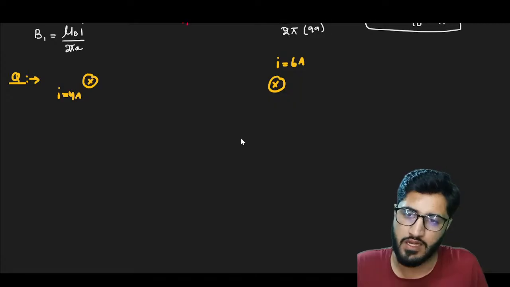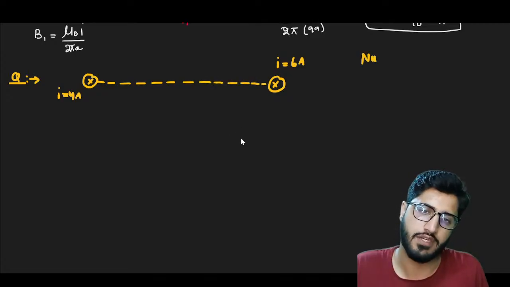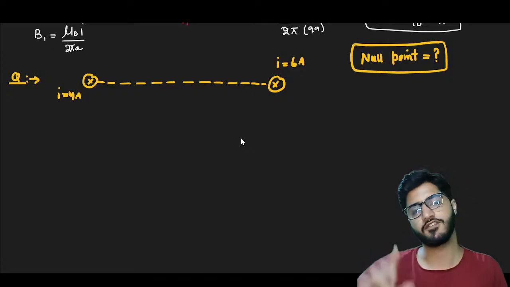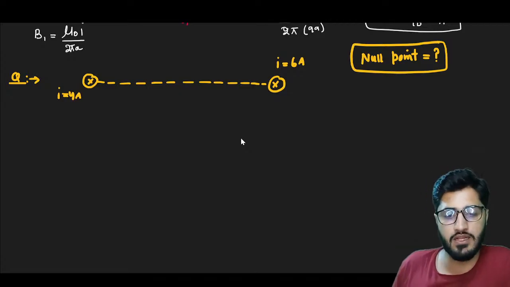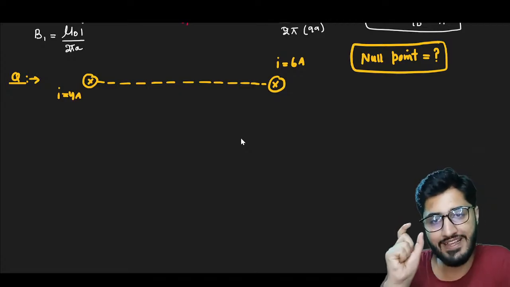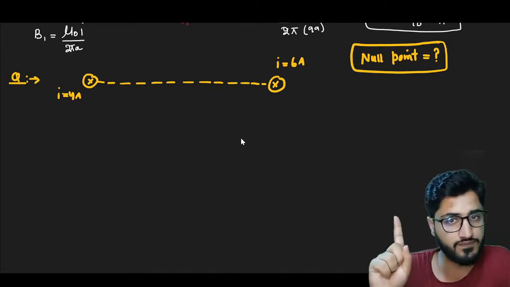Okay. Now we need to find a null point. Those students which are watching my lecture from electrostatics, they knew this term null point. Null point means where effective magnetic field would be 0.